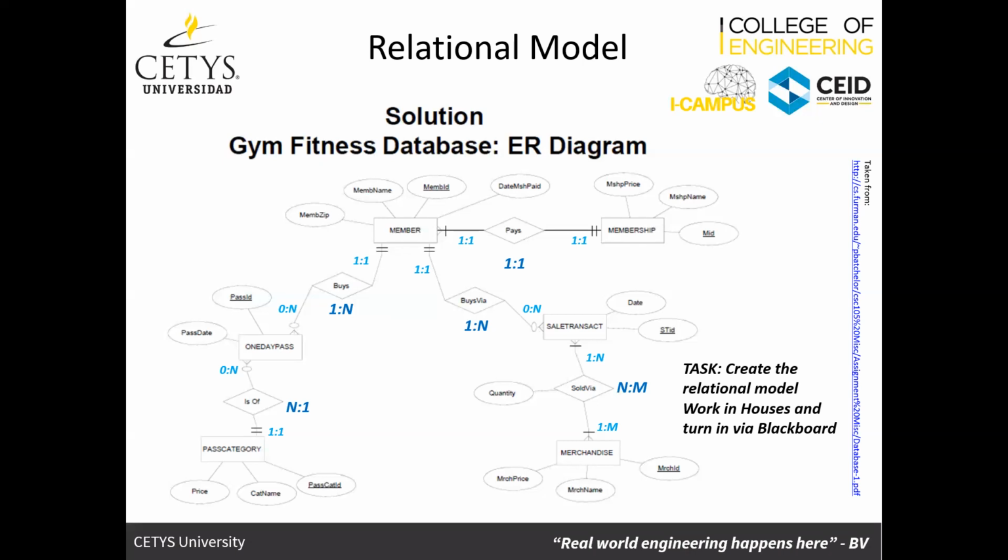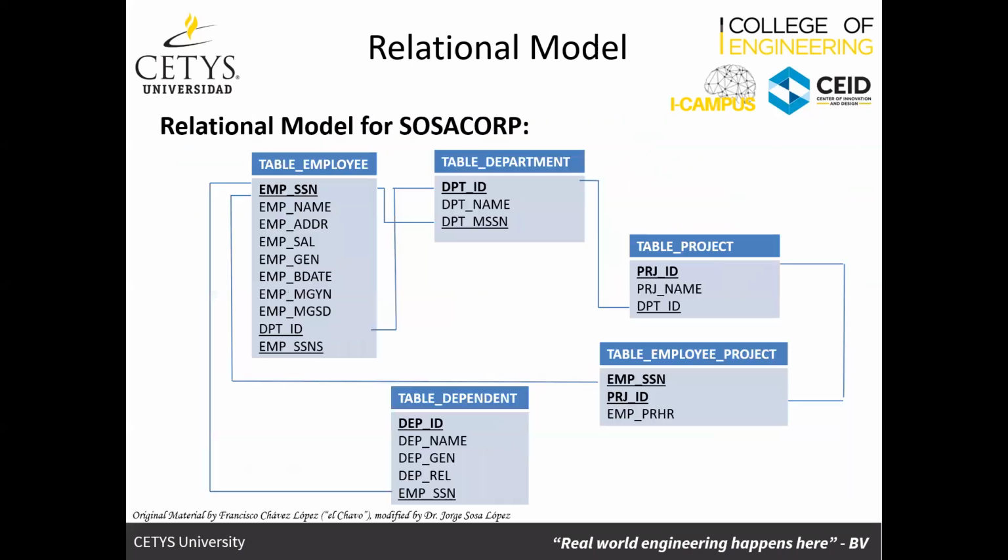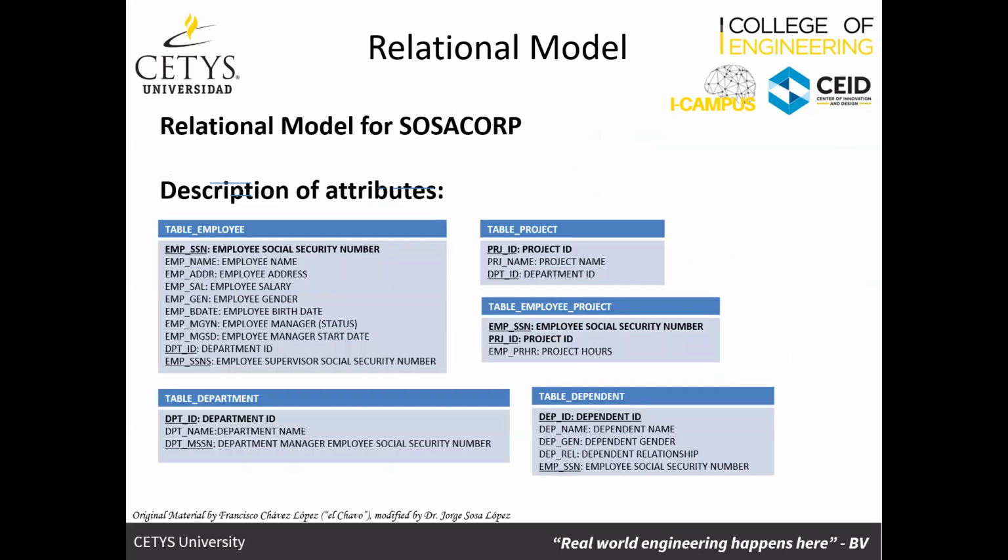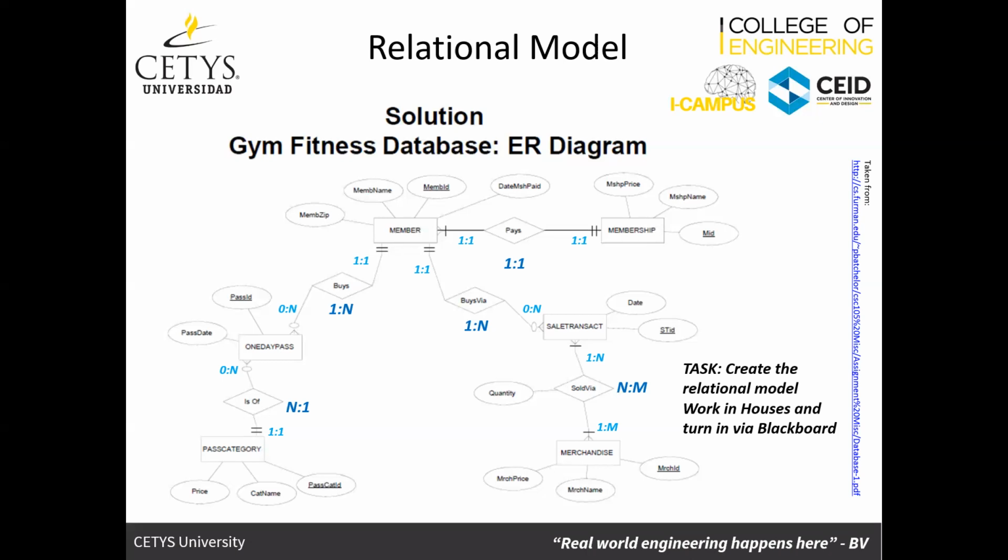What I want you to do is, based on this and the rules that I just stated, create the relational model, which is basically extract the tables and apply the rules that we just did. Basically these two slides of the Sosa Corp. That's what I want you to do for the gym fitness, based on this.